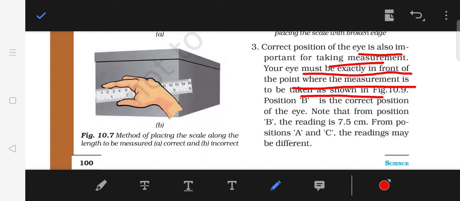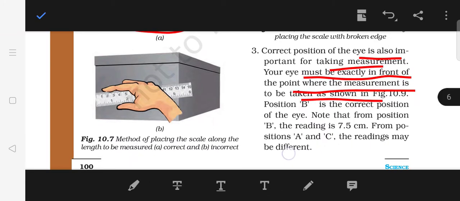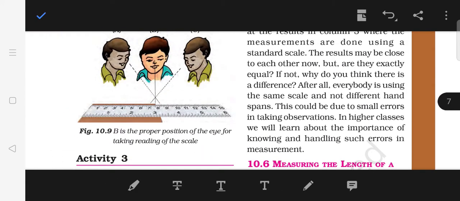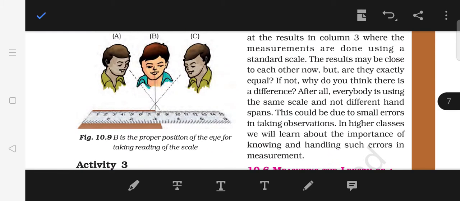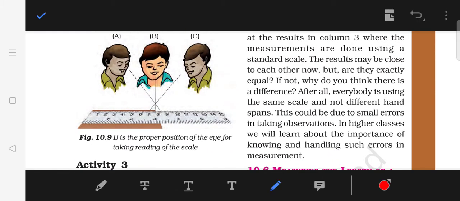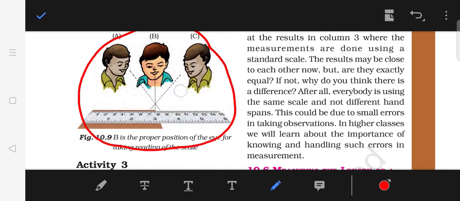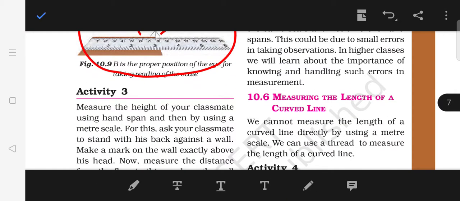Note that from position B, the reading is 7.5. Here is the diagram. You can see you will find different readings from different directions, but the correct reading is from the front direction.